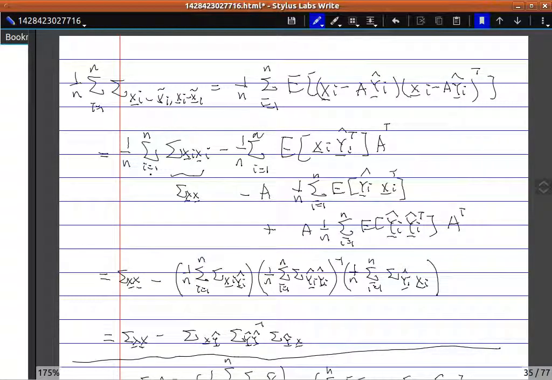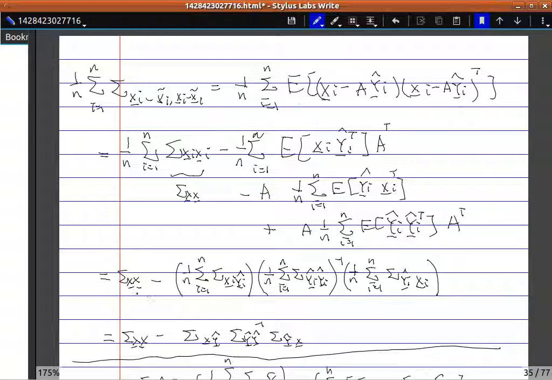Now to find the covariance of that estimate, or the error of the estimate, we just expand that. This is just equal to the expectation of (xi minus a yi hat)(...)^T. If we expand the terms here, there are 4 terms, and 3 of them are equal in magnitude, with 2 of them having the same sign, the minus sign here.